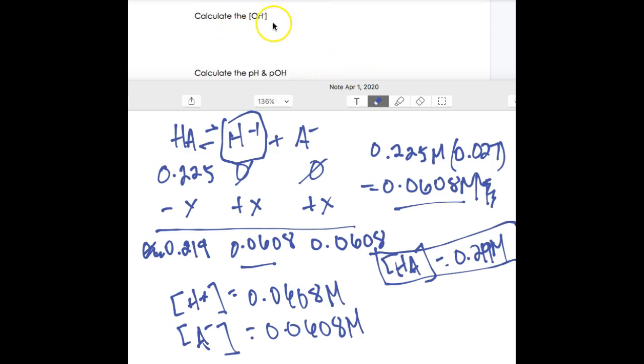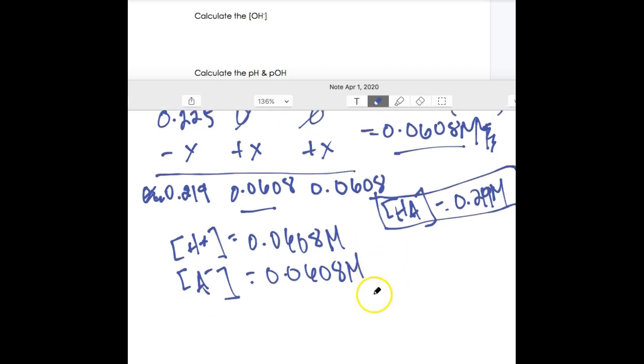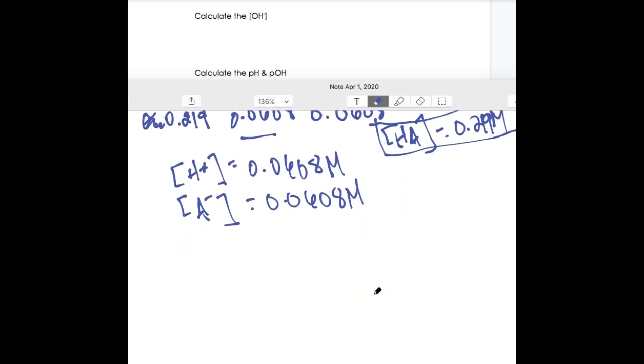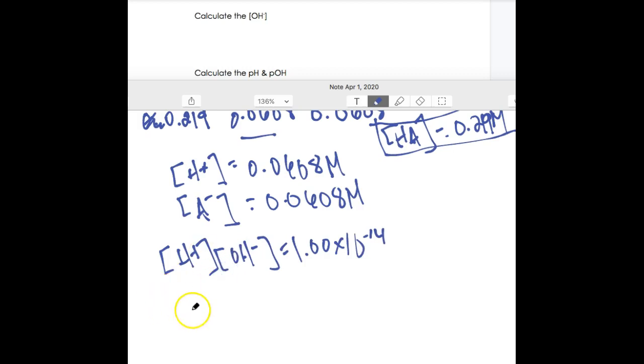And then it says calculate OH. So this is not OH, so don't get confused. We have to figure out the base concentration using the H plus. If we have the H plus, we've learned in the past that we can use the auto-ionization equation to solve for one of these two.